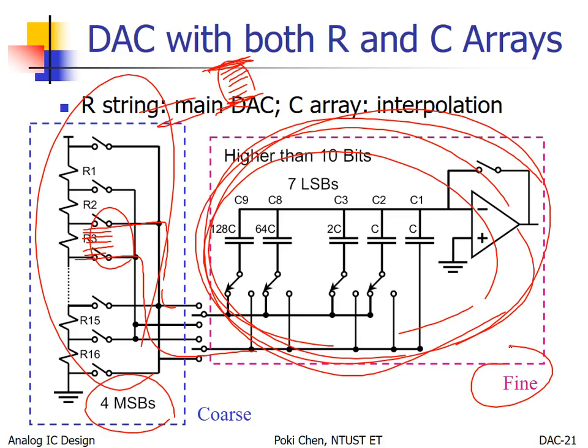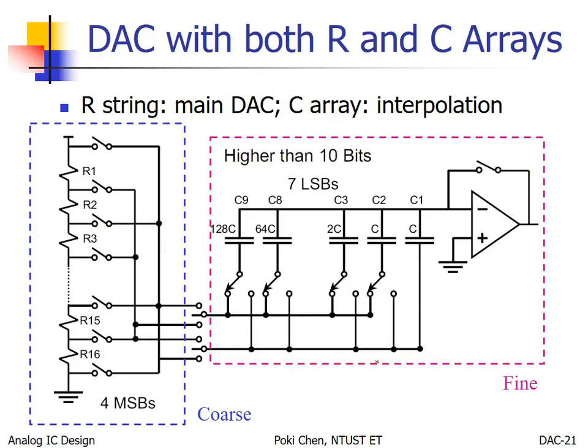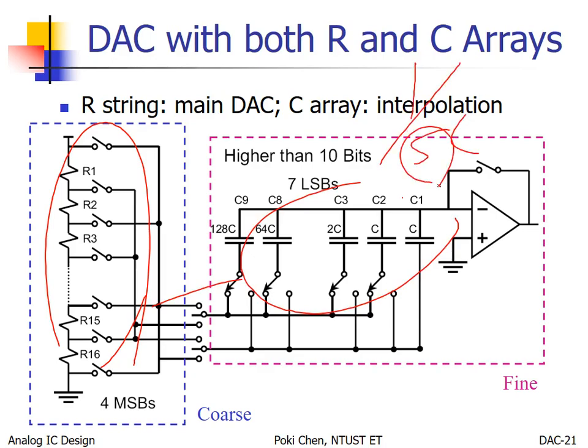The beauty of the structure is that after equilibrium, if you look from the R string to the capacitor array, equilibrium means DC, right?